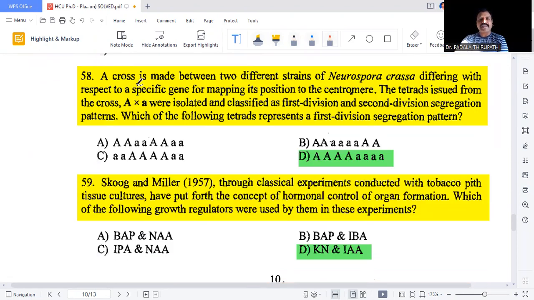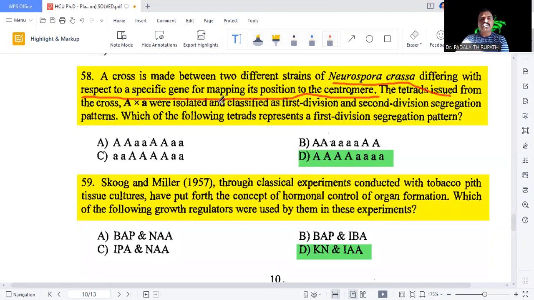And the 58th question. A cross is made between two different strains of Neurospora crassa, a blue mold or green mold in Ascomycotina fungi, differing with respect to a specific gene, for mapping its position relative to the centromere.